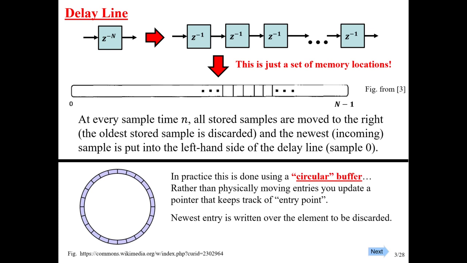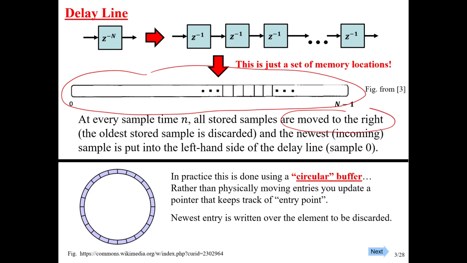Now, just a little aside, it's not particularly important to our focus, because our focus is just understanding the algorithms and not really getting into the nitty-gritty of how we implement these things. But if you are going to try to implement these things, you would want to use a circular buffer. Because up here, when we described this conceptually, we talked about moving samples to the right.